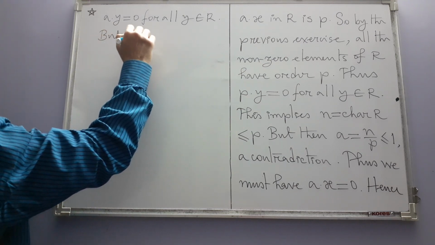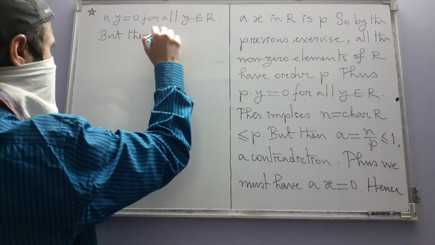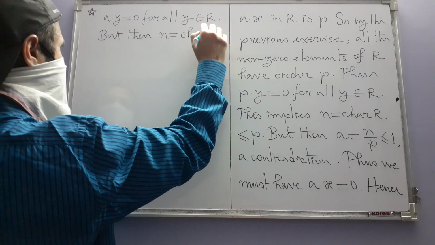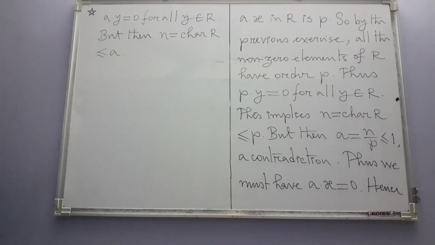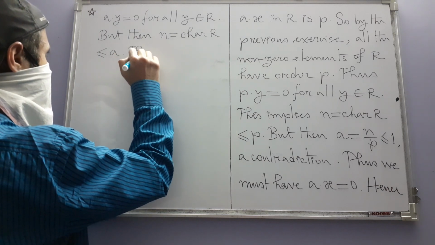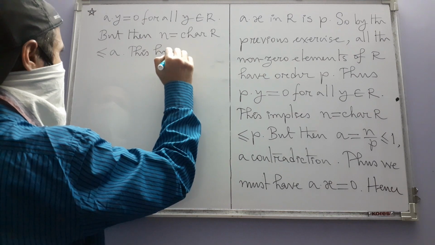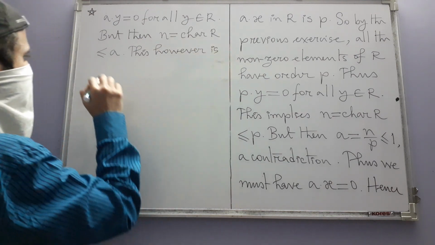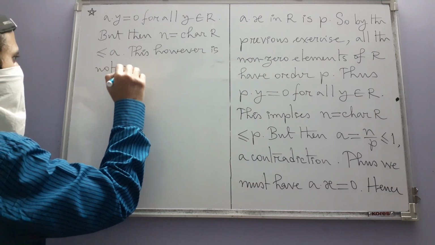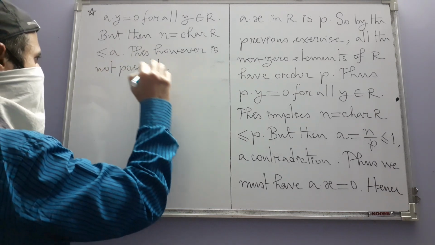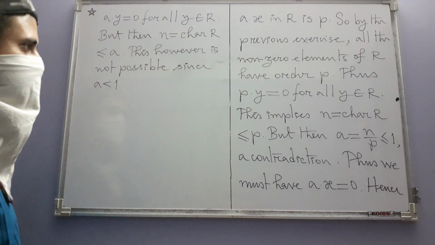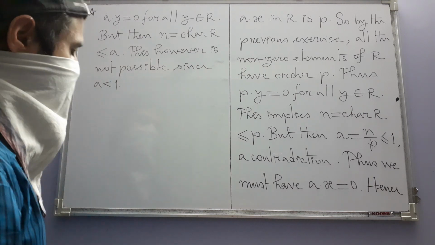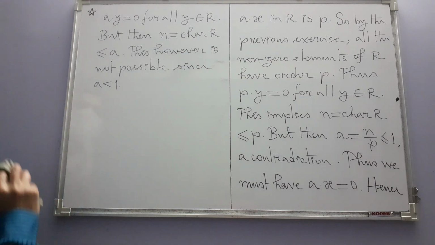But then, just like before, n, which is the characteristic of R, is less than or equal to A. This, however, is not possible since... No, what am I saying?